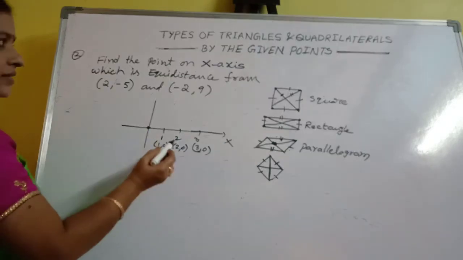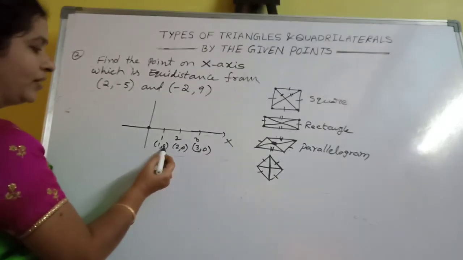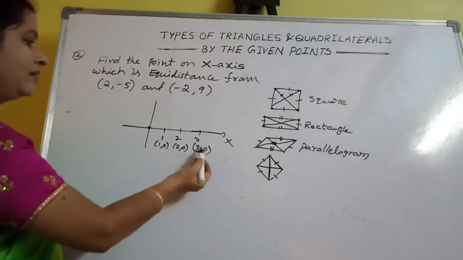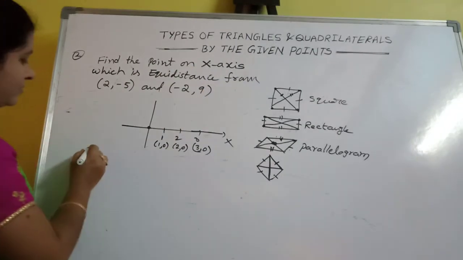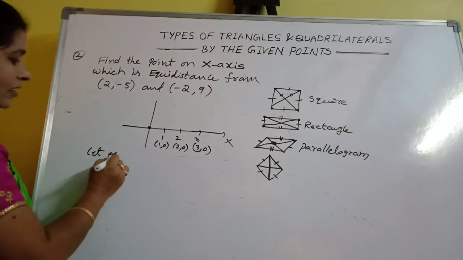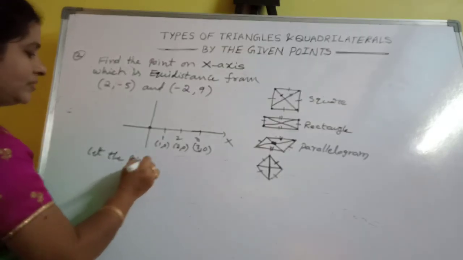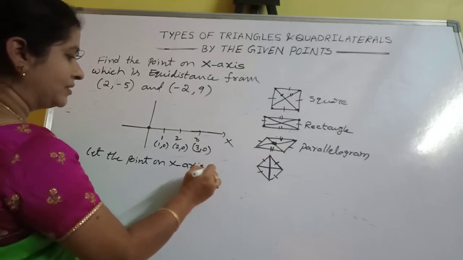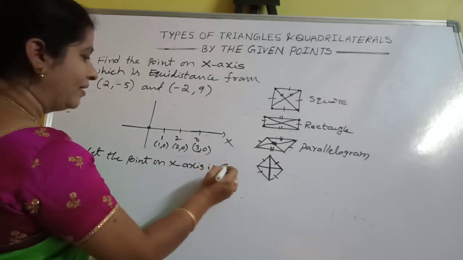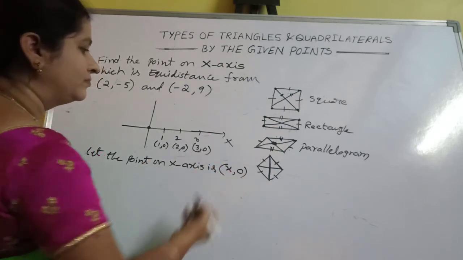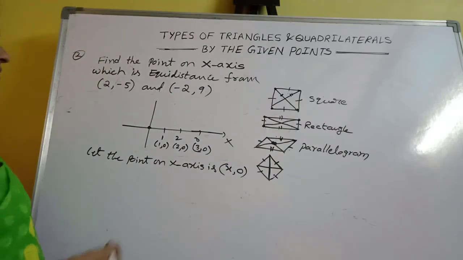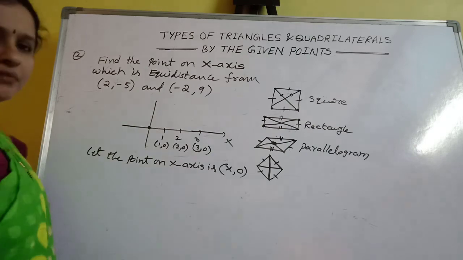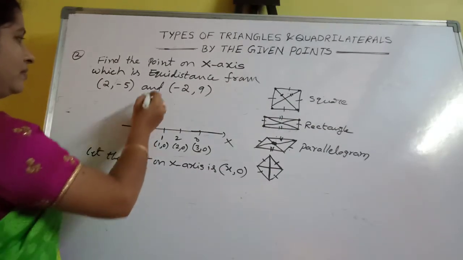So for every point on the x-axis, the y coordinate must be 0. So let the point on the x-axis be (x, 0). This is equidistant from (2, minus 5) and (minus 2, 9).